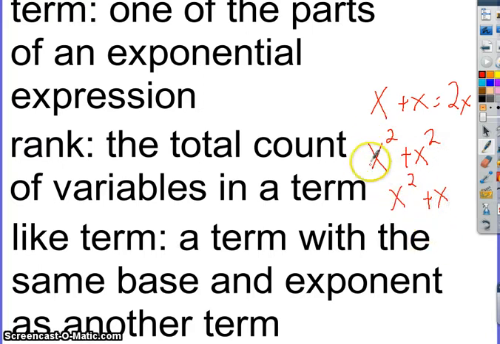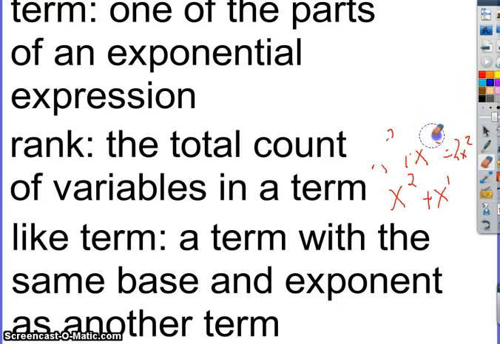So these have the same base, x, and the same exponent 2 to make 2x squared, but these do not have the same exponents. So you cannot add them together. In other words, this and this are not like terms, and you cannot add them together, just like you cannot add x plus y together. They are different terms. So when we're adding, we're going to rank all of the terms, and then we're going to figure out which terms are like, and then we're going to add them together.